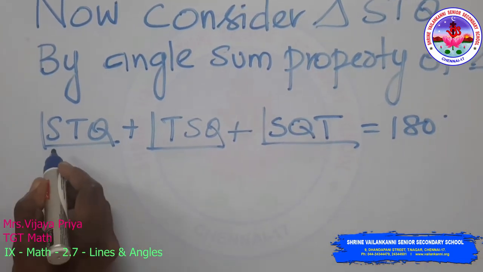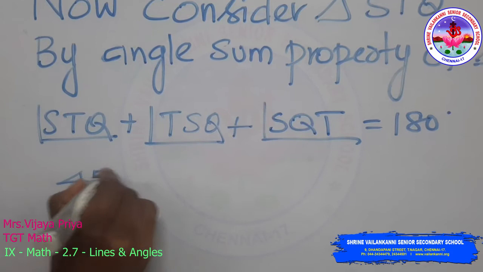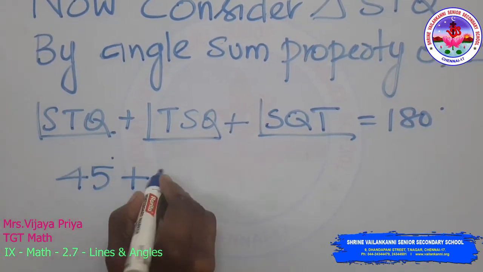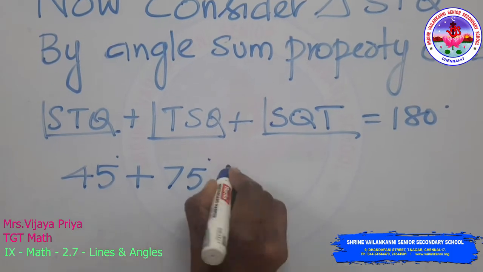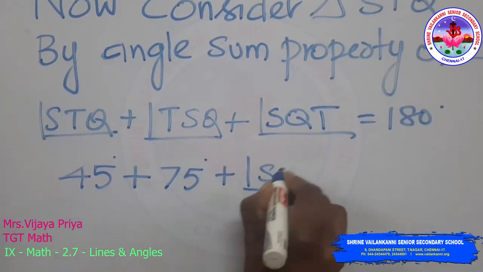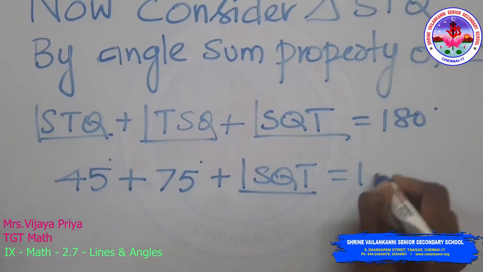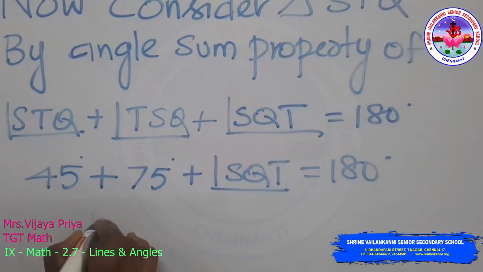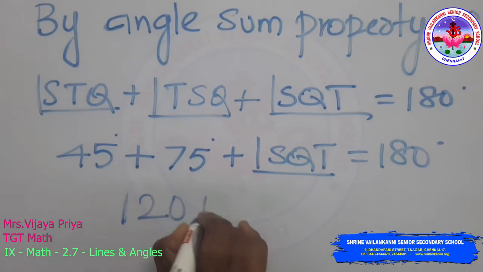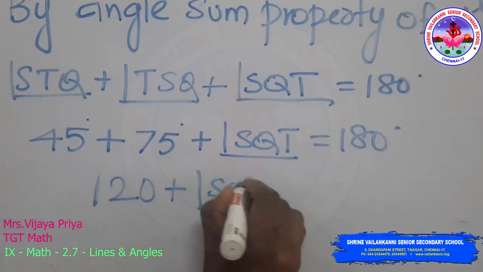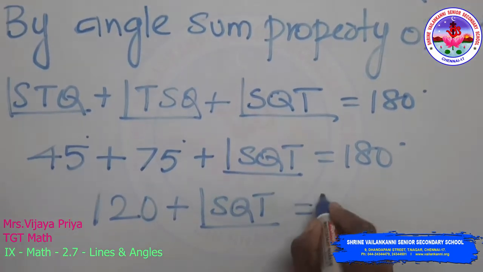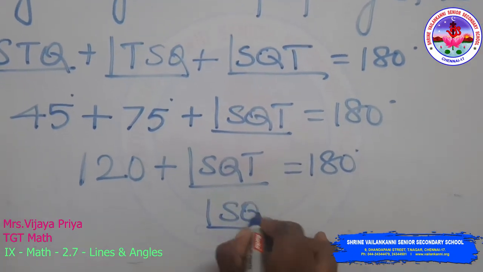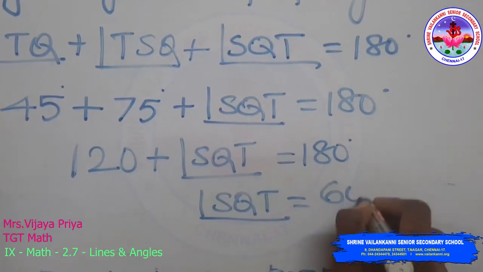My STQ I got as 45 through vertically opposite angles, and angle TSQ is given in the problem as 75, plus we need to find out SQT, which is equal to 180. 45 plus 75, you will get 120, plus angle SQT is equal to 180 degrees, which implies angle SQT is equal to 60 degrees.